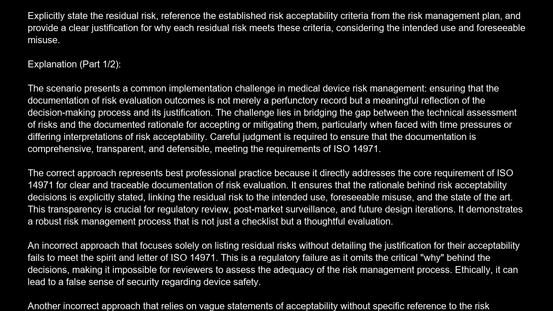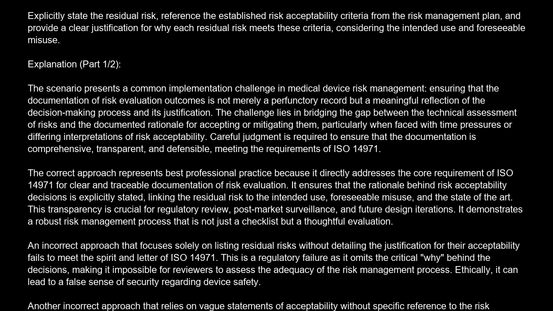Explanation. The scenario presents a common implementation challenge in medical device risk management, ensuring that the documentation of risk evaluation outcomes is not merely a perfunctory record, but a meaningful reflection of the decision-making process and its justification. The challenge lies in bridging the gap between the technical assessment of risks and the documented rationale for accepting or mitigating them, particularly when faced with time pressures or differing interpretations of risk acceptability.